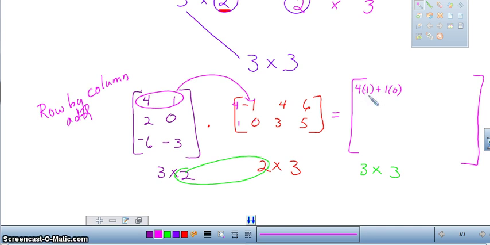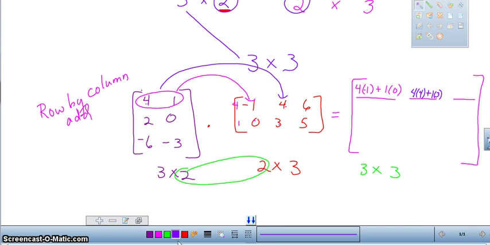Now, if I keep going across, there's my first element. I'm going to have 3 elements here because it's a 3 by 3. To get my next one, I take this same row times this column. So I get 4 times 4 plus 1 times 3. You can go through and add those in a second.